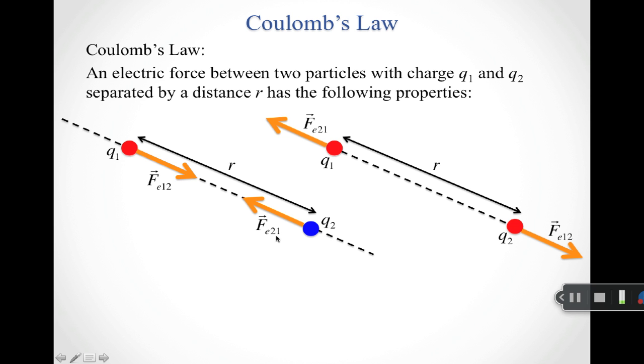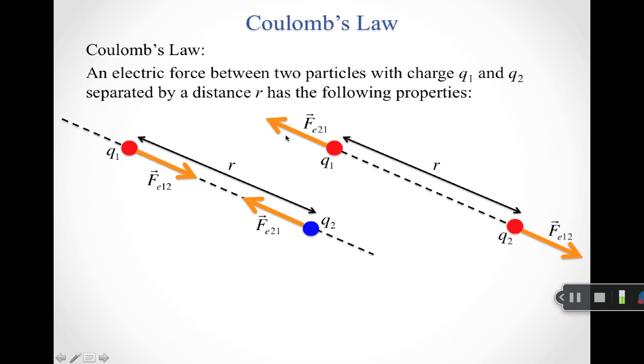Here's the electric force felt by charge 2 caused by charge 1, and again, because these are oppositely charged, it's being pulled towards charge 1. In the scenario on the right-hand side, the 2 charges have the same charge, so those 2 forces point opposite. Charge 1 is being repelled by charge 2 because it has the same charge, and charge 2 is being repelled by charge 1.